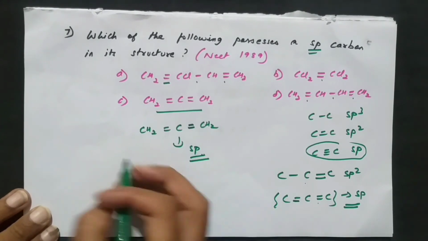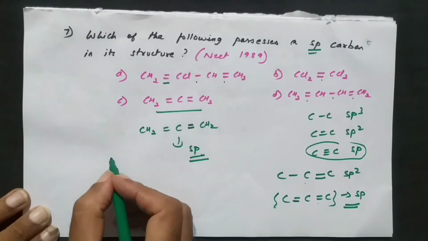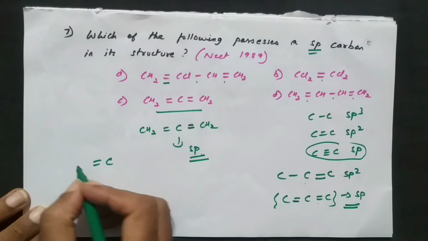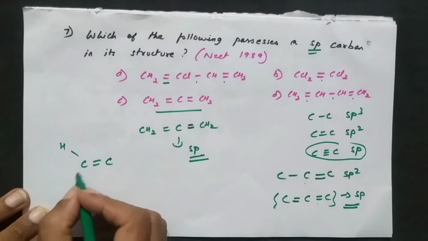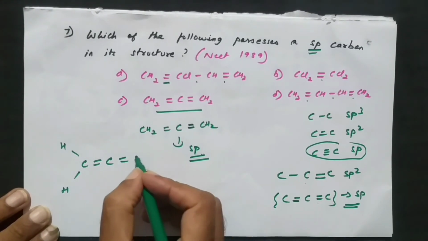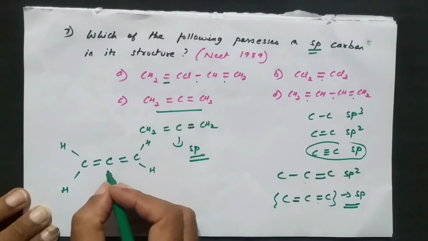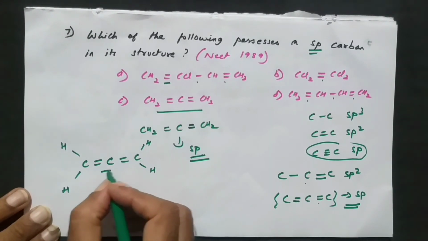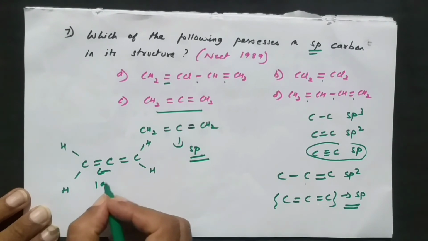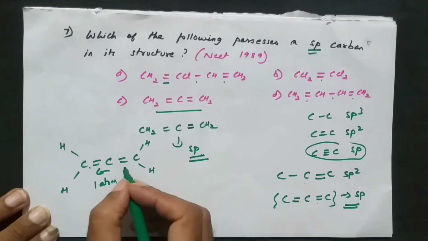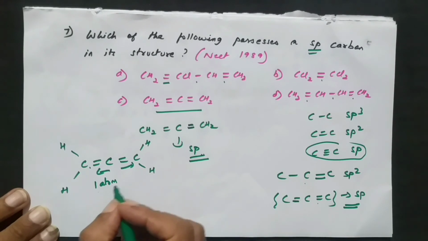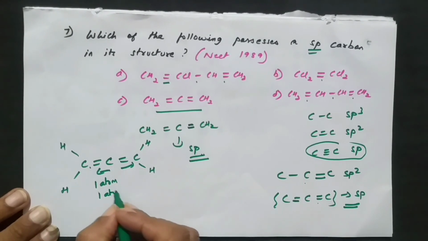We can prove this now. Take this carbon number 2 with a double bond to carbon, and this hydrogen and this hydrogen, and here carbon, hydrogen and hydrogen. When I take this carbon, it is attached with 1 carbon here and 1 carbon here, so totally 2 atoms.